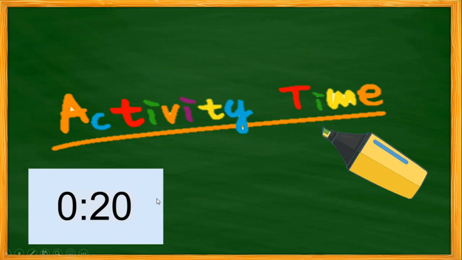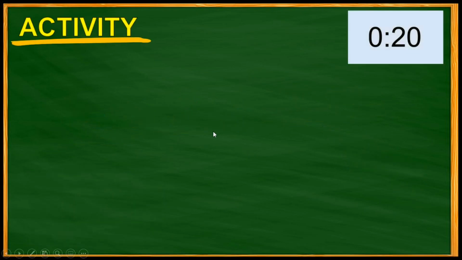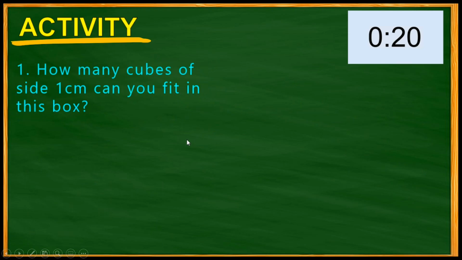Okay, so let's have some activity time. You have 20 seconds to do each of the items. So for number 1, you have 20 seconds. How many cubes of size 1 centimeter can you fit in this box? You have 20 seconds.